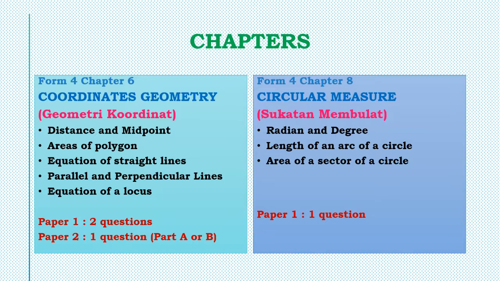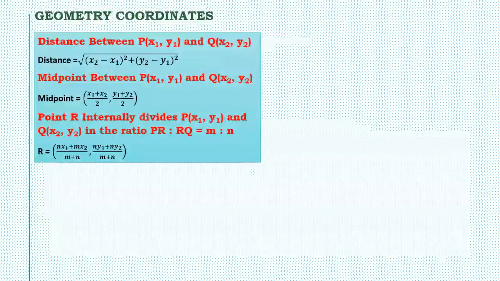Okay, again, there's 1 question in paper 1. Always there's 1 question and it's easy to score. For those students who are not very good, you can attempt this question easily to get some marks. And in paper 2, those who want to try out, there will be 1 question in paper 2, either section A or B.